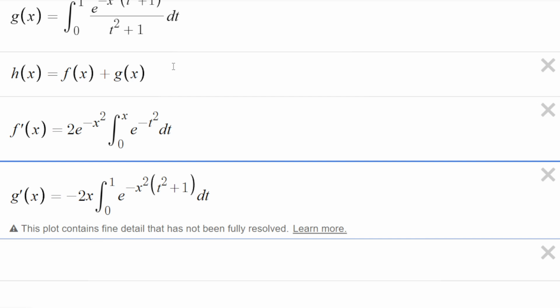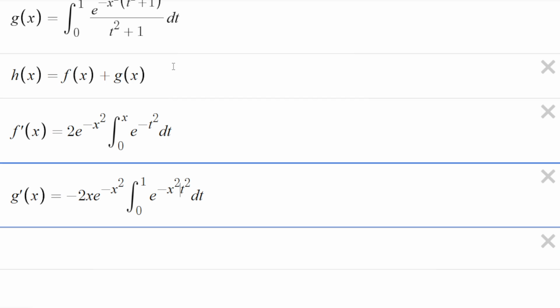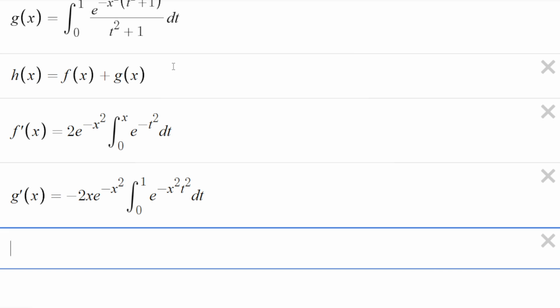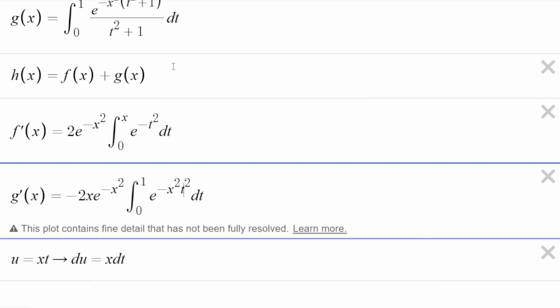All right, well, we can actually bring out this e to the negative x squared like this. And now we can make the substitution that u is equal to xt, implying du is equal to x dt. And we actually have an x dt right here.